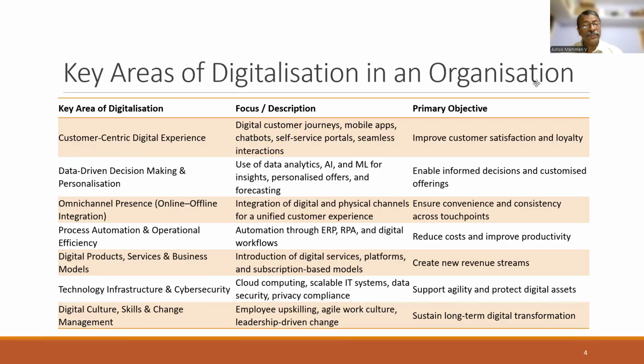And we move on to the next key area, digital product services and business model. So in a digital platform, you have to have a revenue model that facilitate the transaction and build revenue for the company. How does it happen? So the companies generally have various revenue models built.